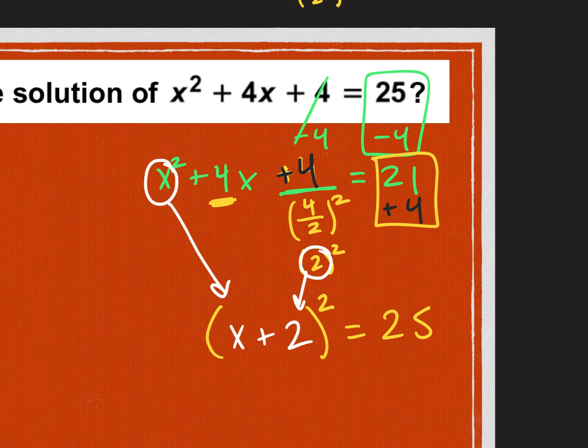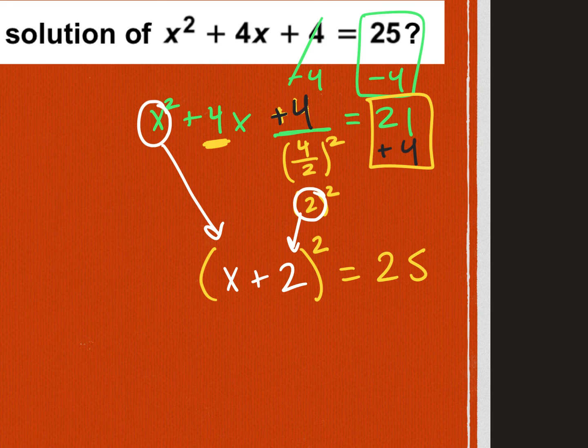Now we want to solve for x. So we're not done yet. We completed the square, so we got our equation set up. That's step 1. Now to solve for x, if we have something that's squared, how do we get rid of that squared? What did we do in the first examples? Take the square root. So we take the square root of both sides, and that cancels out.